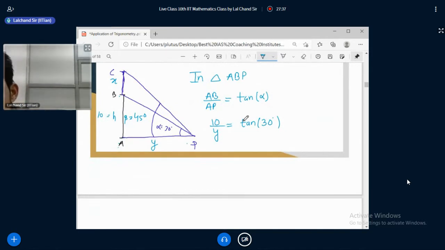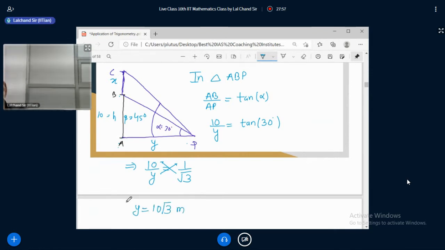If we solve this equation, then we have 10 by y equal to 1 by root 3. If we cross multiply here, then we have y equal to 10 root 3 meters. Isn't it? This is the value of y.